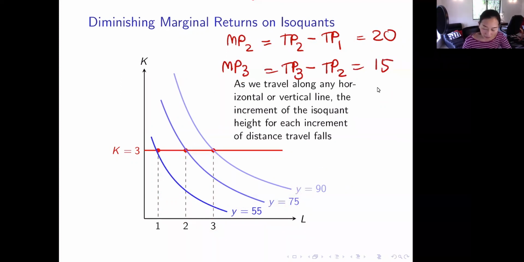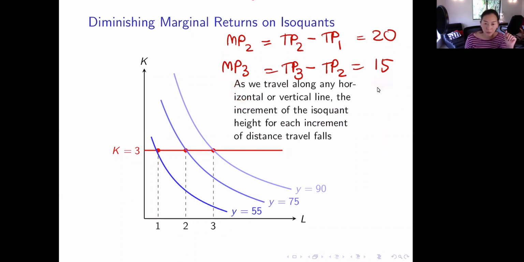Now you can see that as L increases, the marginal product is still positive, but it gets smaller and smaller as you move on. These values become less and less.